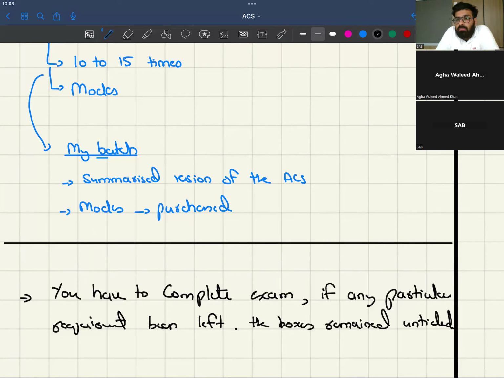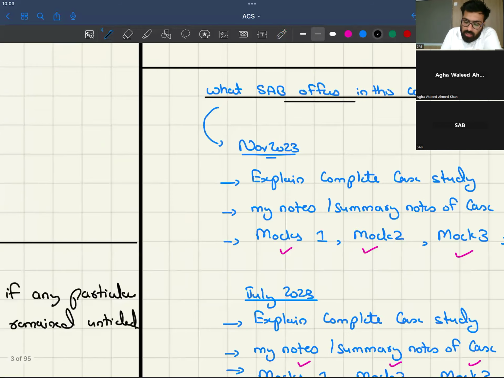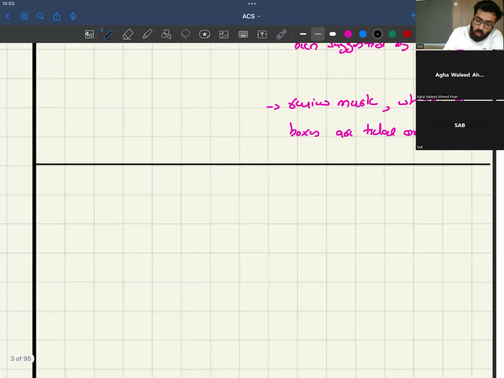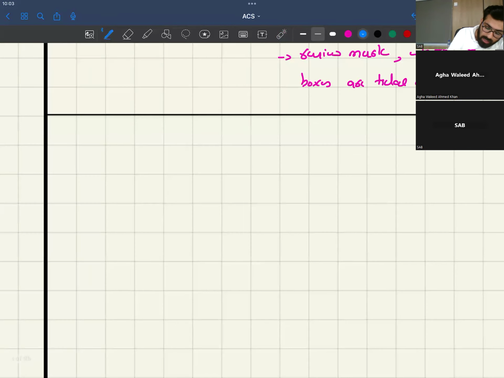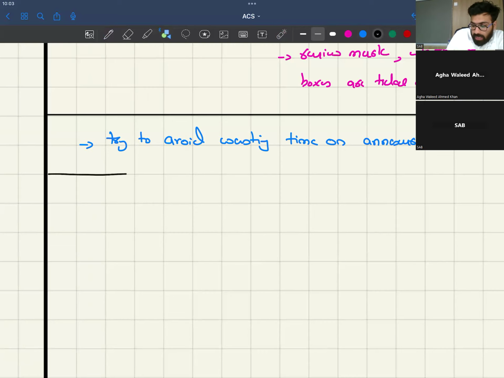The time allocation, see, I cannot give you the time allocation by requirement, right? What I suggest to you is to try to avoid wasting time on annexures. See, if you have made annexures, you cannot exactly make the right numbers, right?